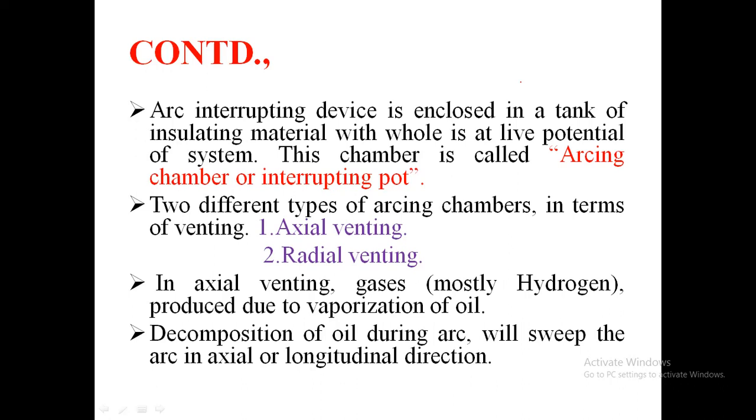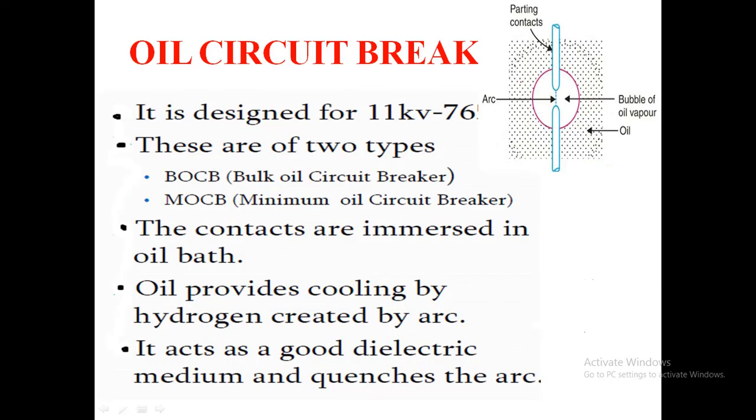In axial venting, gases, mostly hydrogen, are produced due to the vaporization of oil. The decomposition of oil during the arc will sweep the arc in the axial or longitudinal direction.